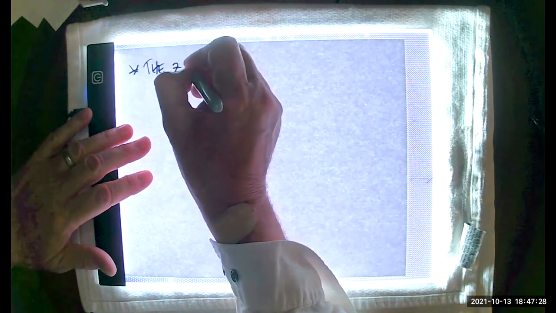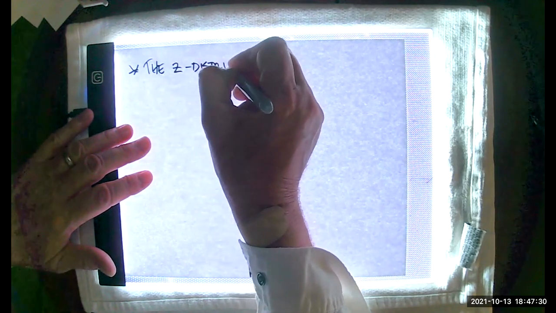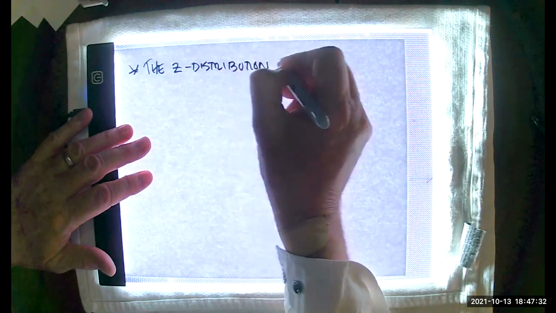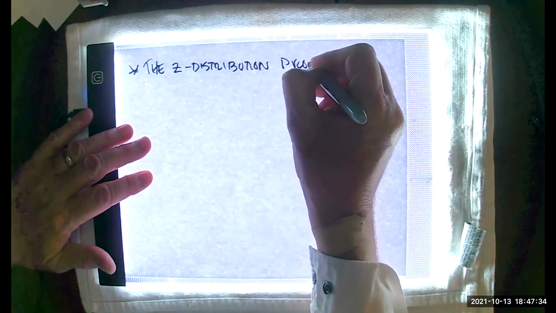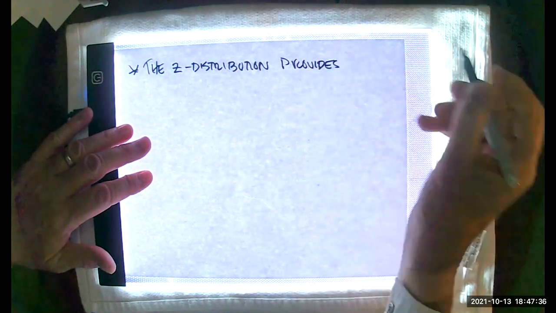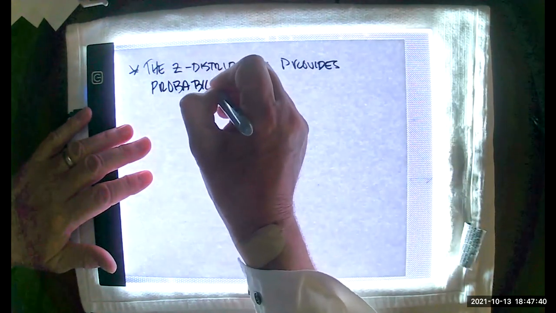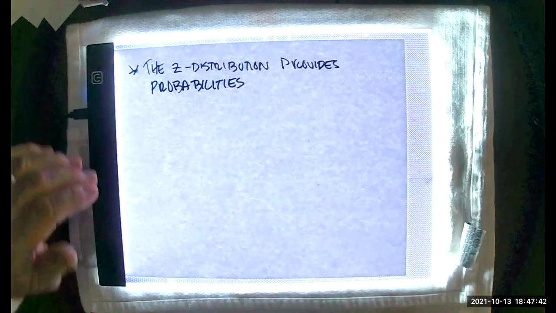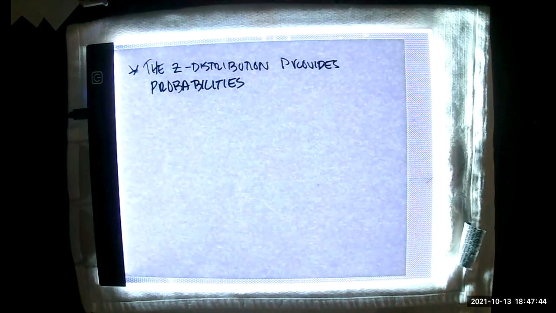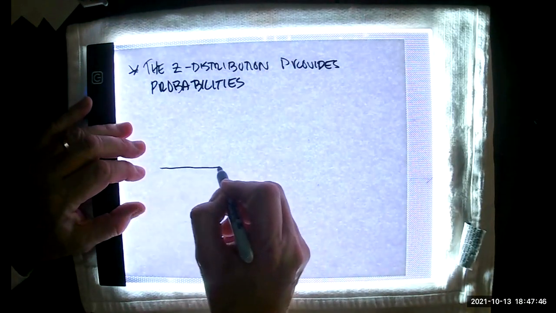So the z distribution provides us with probabilities.